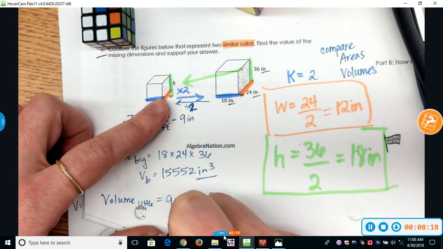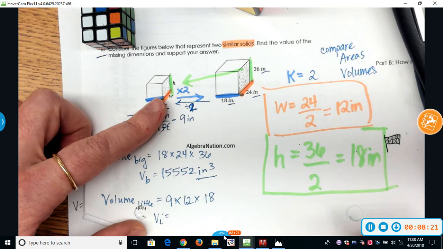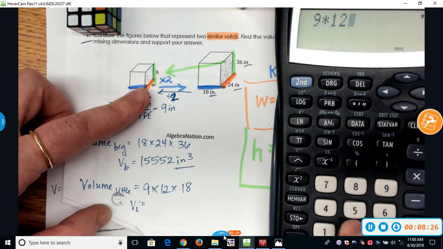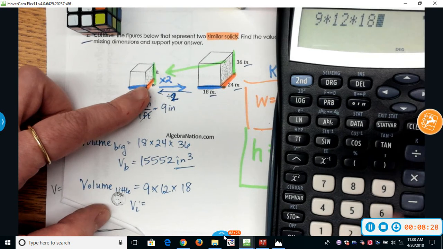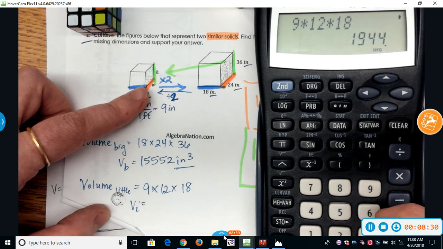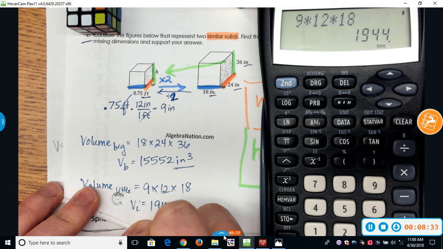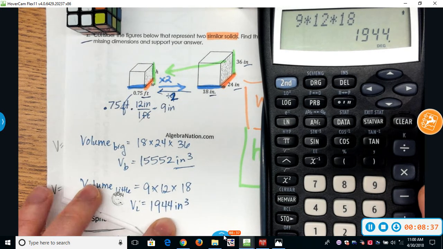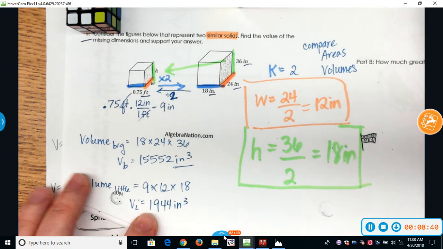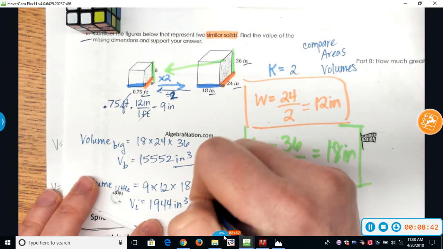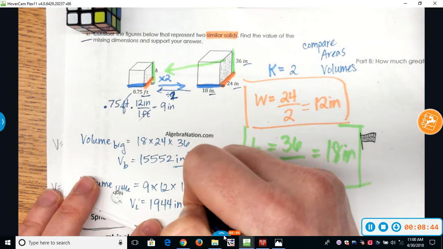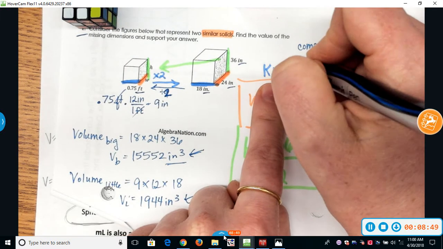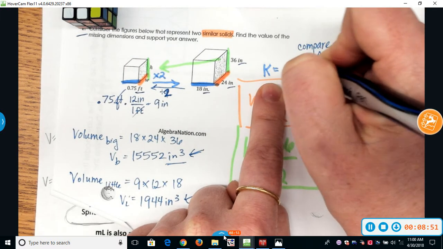So 9 times 12 times 18, enter, I get 1,944 inches cubed. So I'm going to compare these 2 volumes here. How I got this 2 is I put the big one on top of the little.